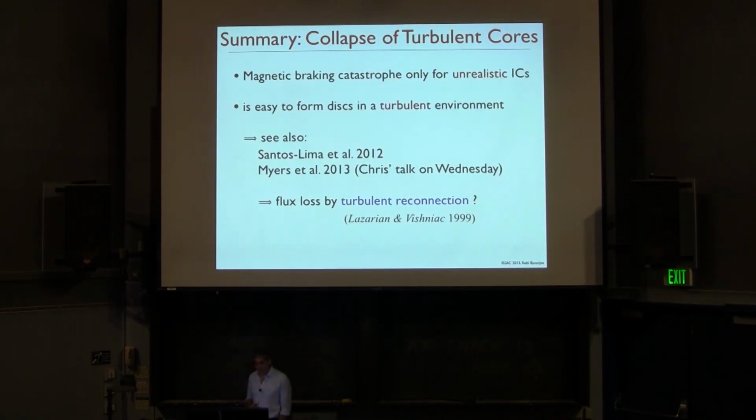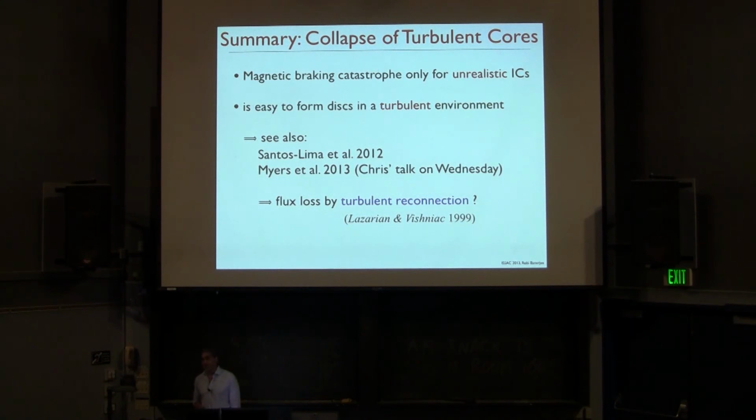Okay, that's essentially what I wanted to bring out here: I guess we ran into a problem theorists did by themselves, essentially an artificial problem by starting simulations with unrealistic initial conditions.